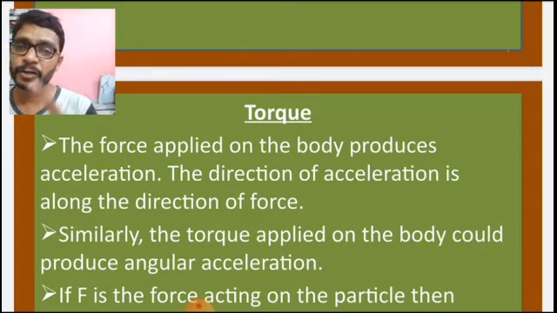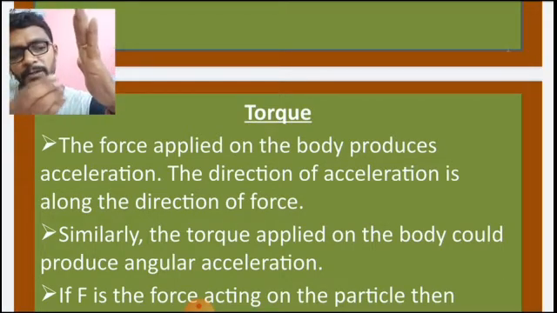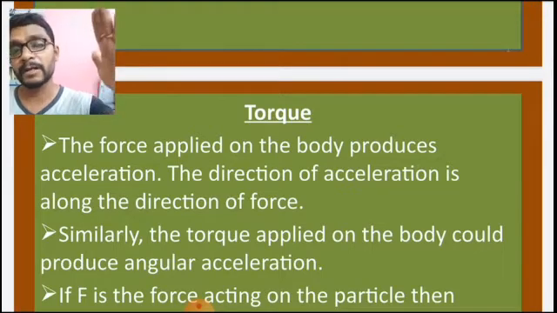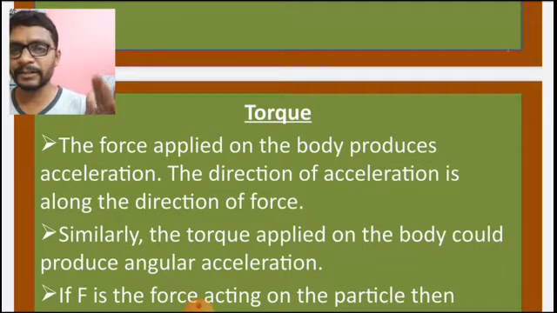So the direction of acceleration is along the direction of force. We are applying force in this direction, the body moves in this direction, so both are in the same direction. That is why we took F directly proportional to a, right? That is in the case of a body in translatory motion.